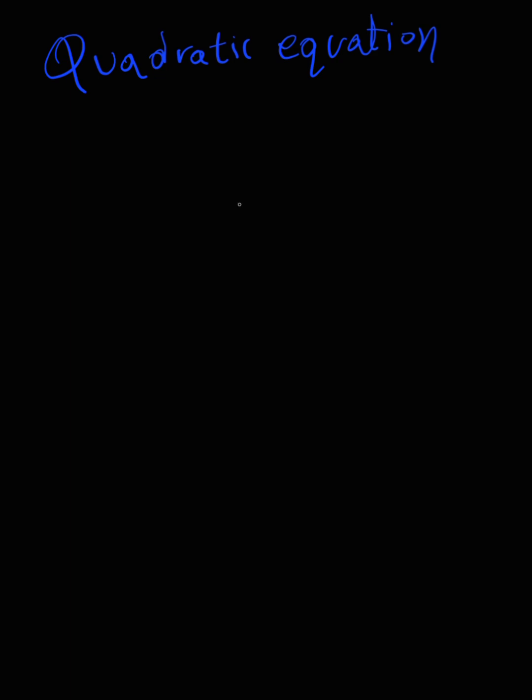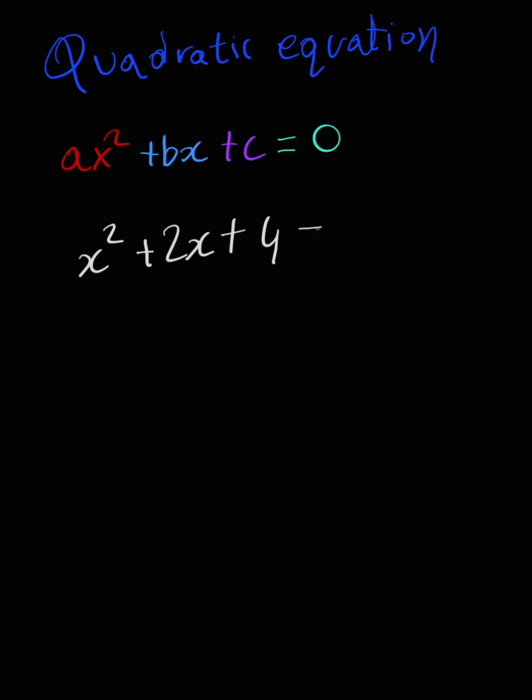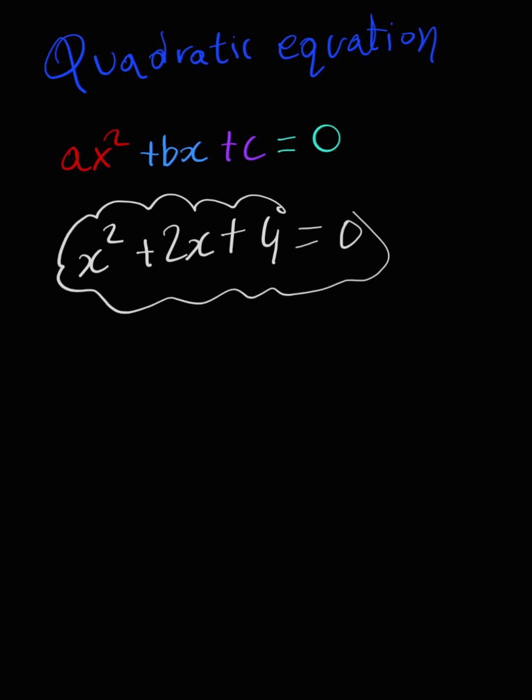So what is a quadratic equation? A quadratic equation is a type of equation which can be written in this format. Let's look at an example first. If I have, say, x square plus 2x plus 4 equal to 0, this would be an example of a quadratic equation.